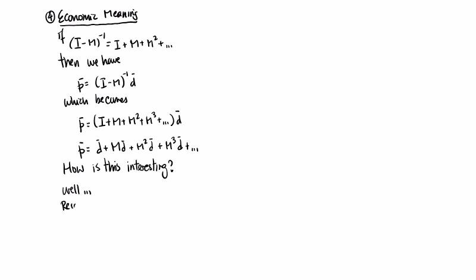Recall way back at the beginning that MP is the internal demand when P is produced. So what this means is that MD is the internal demand when D is produced.